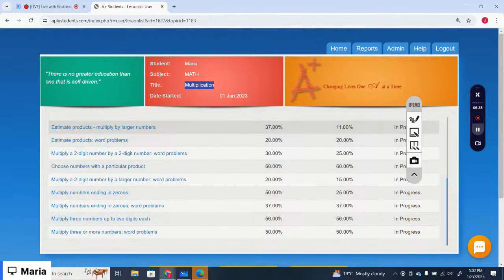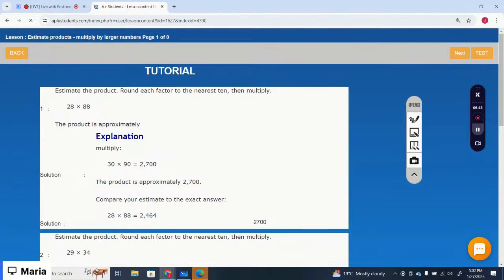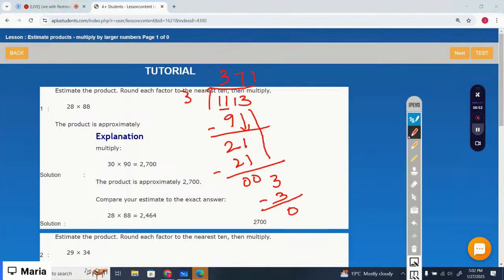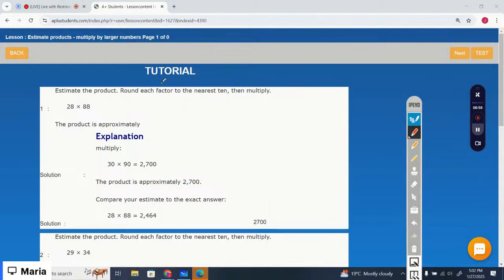Let's just start with the chapter multiplication. We're going to start with the lesson estimate products, multiply by larger numbers. Estimate the product, round each factor to the nearest 10 and then multiply. So you have to round both the numbers first and then you have to multiply. You have 28 times 88. So you can round off 28 to 30 because 28 is just two numbers away from 30.